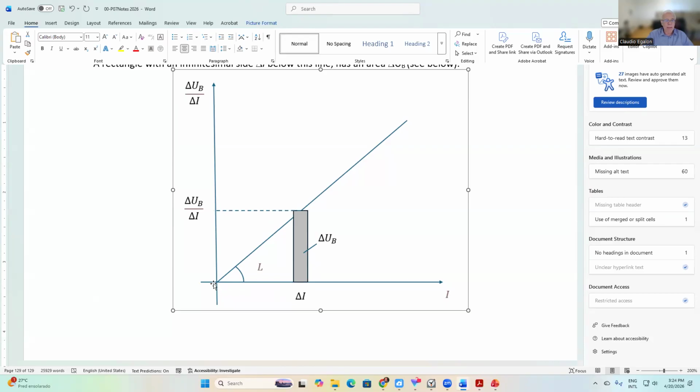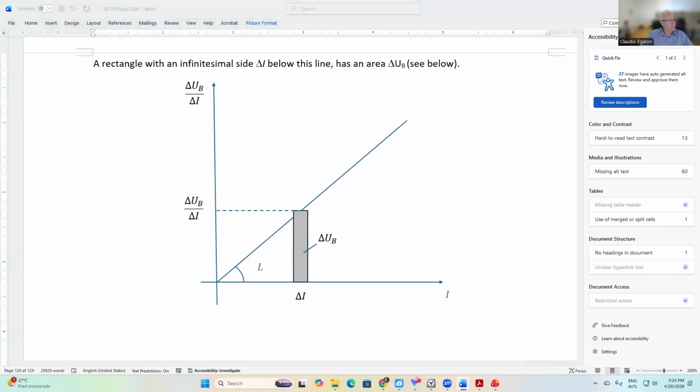By summing up all the infinitesimal rectangles along this curve, we get the total potential energy stored in the magnetic field. So the total area of this triangle is the total potential energy of our inductor.